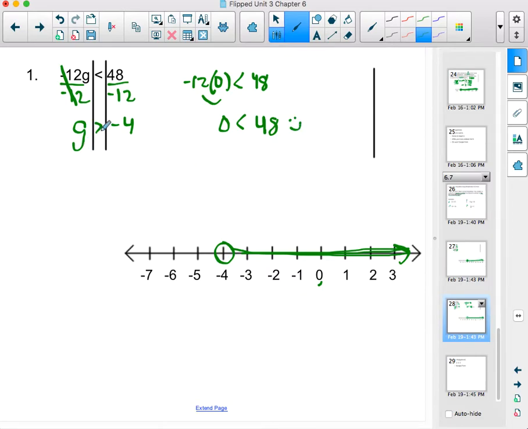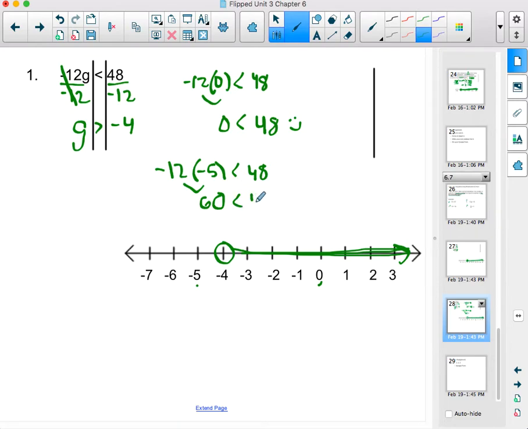If we had forgotten to flip the inequality here, if we had gotten g is less than -4, that would have been a number like -5. If I test -5 just for my own personal check, you do not have to write this down, I get -12 times -5. Negative times a negative is a positive. 12 times 5 is 60.